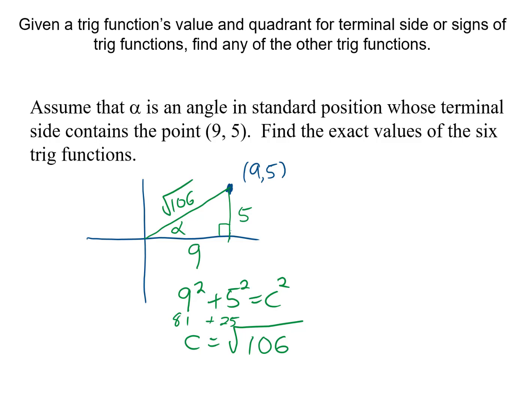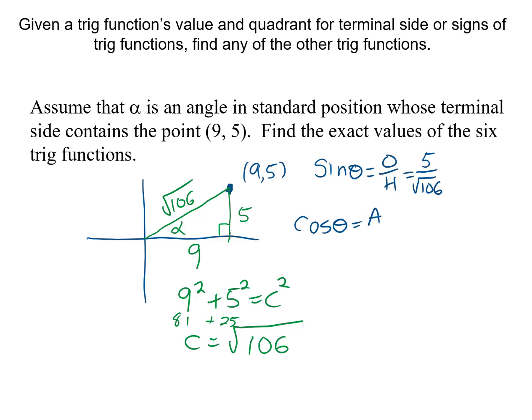Now we can find all of the trig functions, and it just says find all of them, so we'll just start listing them. Sine of theta is opposite over hypotenuse, and so that's going to be 5, the opposite, over the hypotenuse, square root of 106. Then we could do cosine theta.